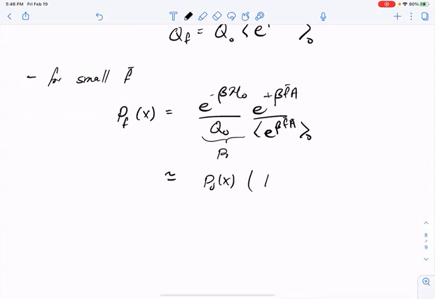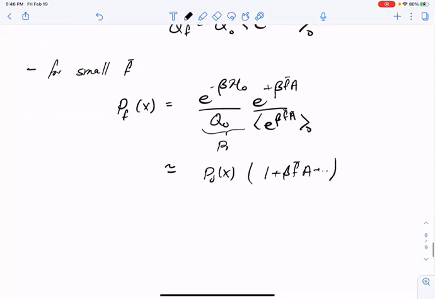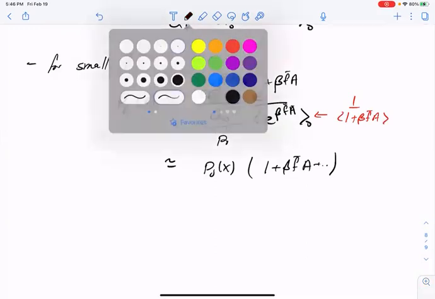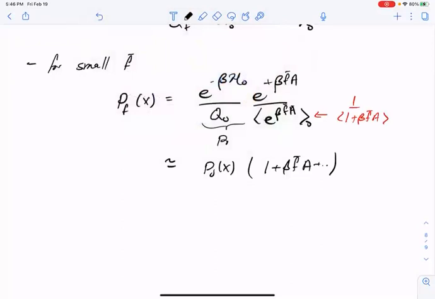The numerator will give me 1 plus beta f bar A to first order. The second one in the denominator gives me 1 over 1 plus beta f bar A under the averaging operation. 1 over 1 plus a small number is 1 minus a small number.